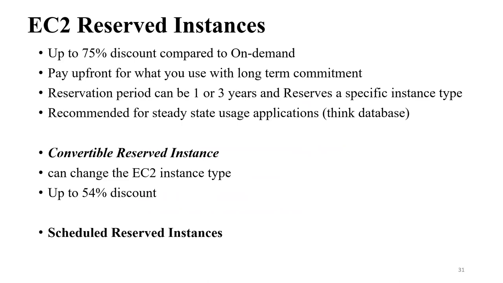Then we can go for the scheduled reserved instances. If I define the schedule like morning 9 to evening 6, some 5 more instances required. If I schedule it one time, then every day at 9 o'clock in the morning, I will get 5 more instances. And at 6 p.m., those instances will be released back to the pool.